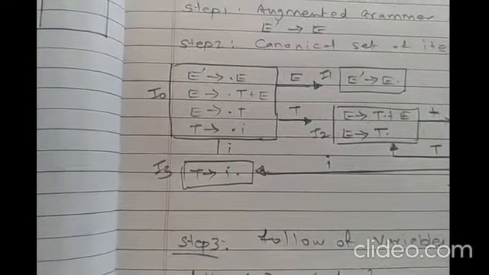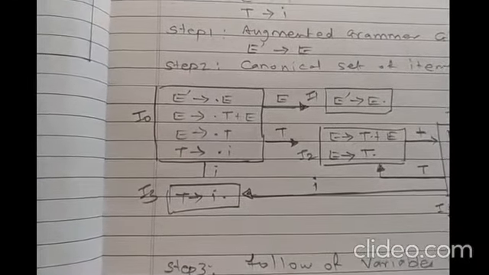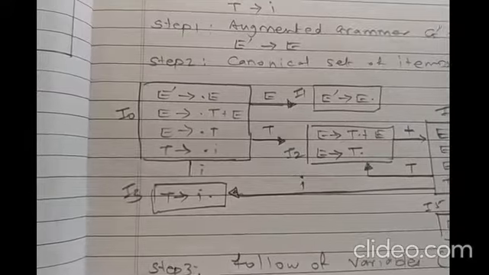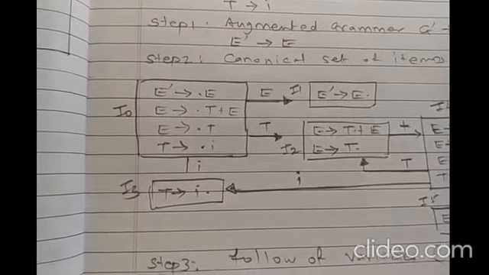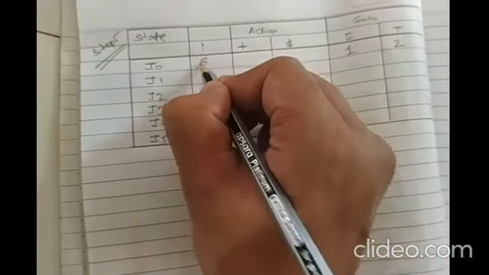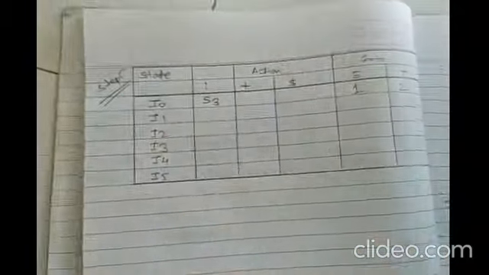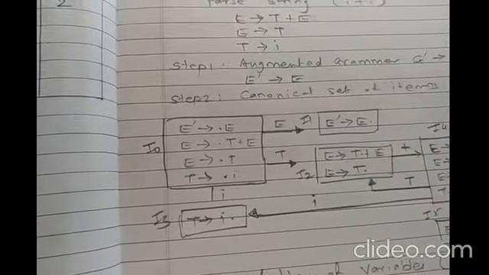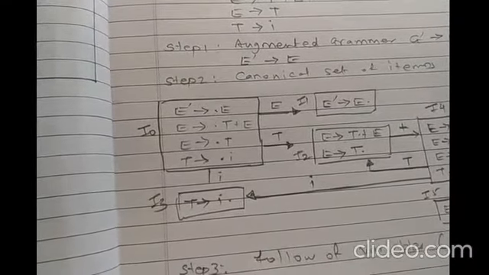Then any possible transition, I0 on I is going to 3. So I0 on I is going to 3, but it is the action part, that is why shift 3. Then I1, look at the I1, it is going nowhere.